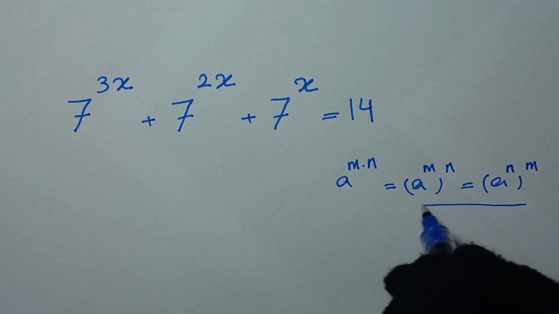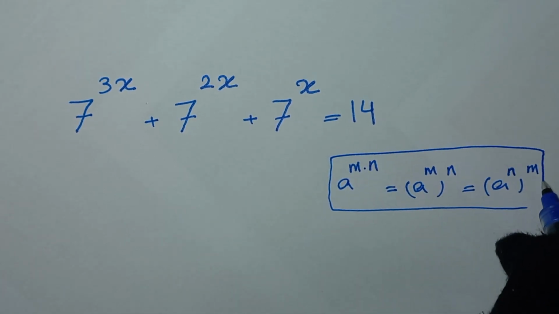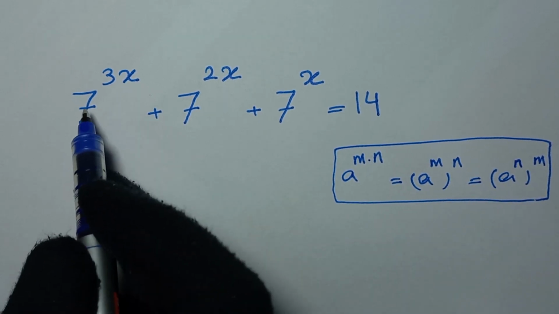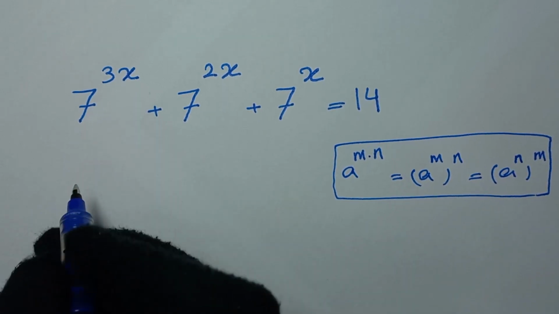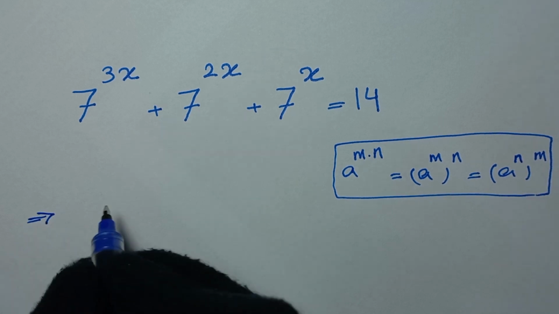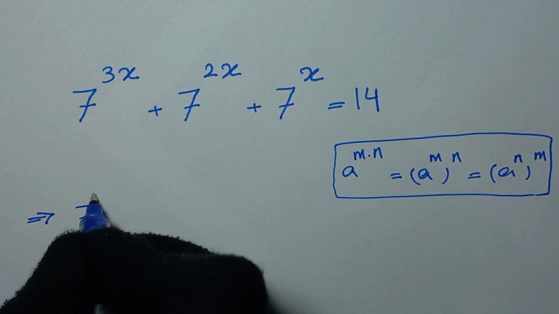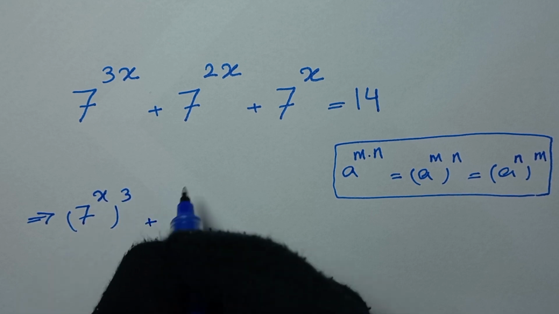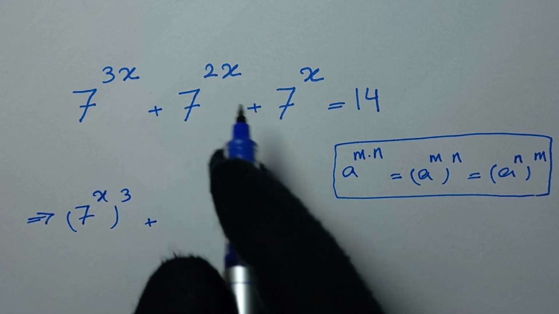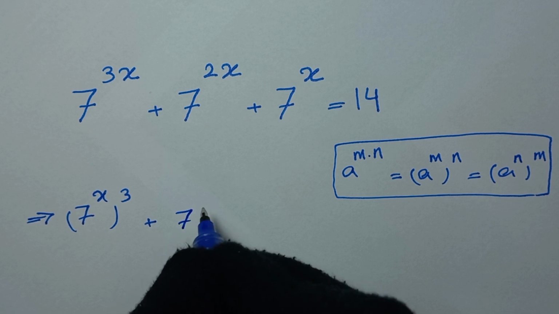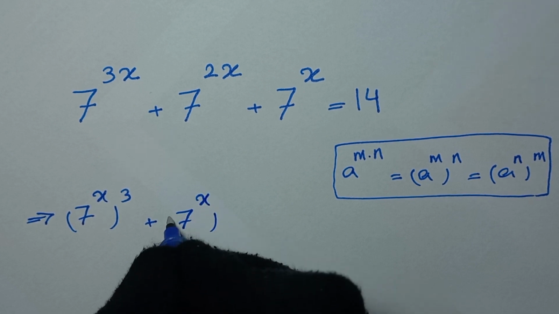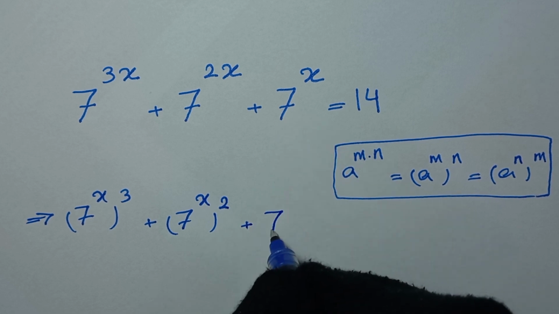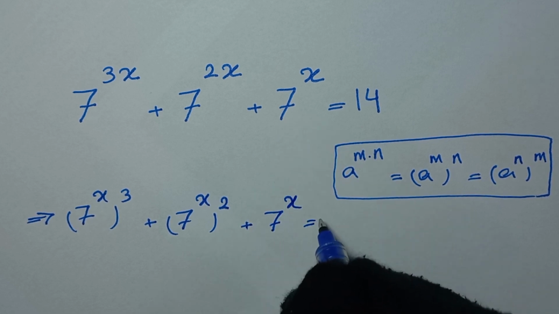So, from this formula, we can write 7 to the power of 3x as 7 to the power of x to the power of 3, and 7 to the power of 2x as 7 to the power of x to the power of 2, and here we have 7 to the power of x is equal to 14.